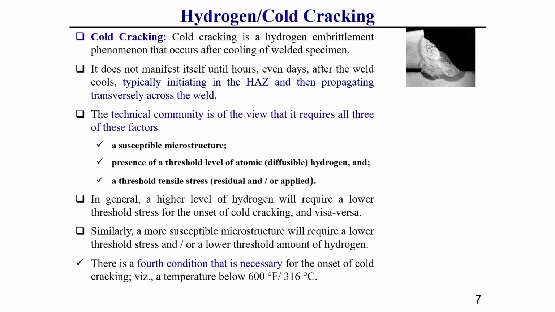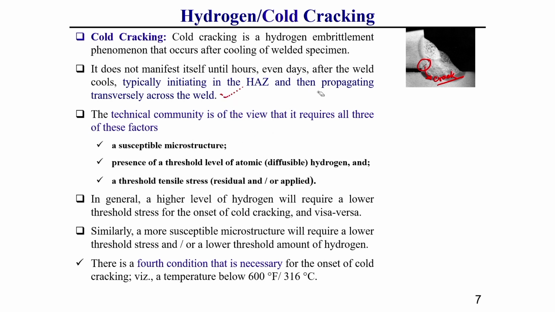Just a simple illustration of this cold cracking I am showing here. You can see it starts generally at the heat affected zone and propagates, you see this is a crack, perpendicular to the weld line direction. It can take hours or even some days.